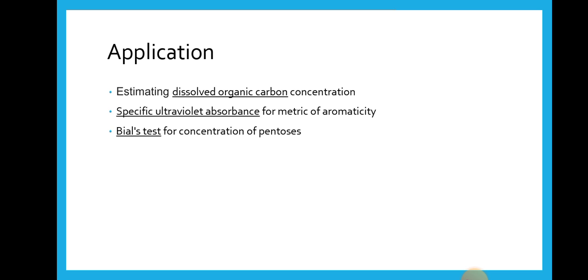Light in the water is absorbed at a specific wavelength, normally used for dissolved organic carbon, DOC concentration. Another application: a test for concentration of pentose, which is the chemical test for the presence of pentoses.